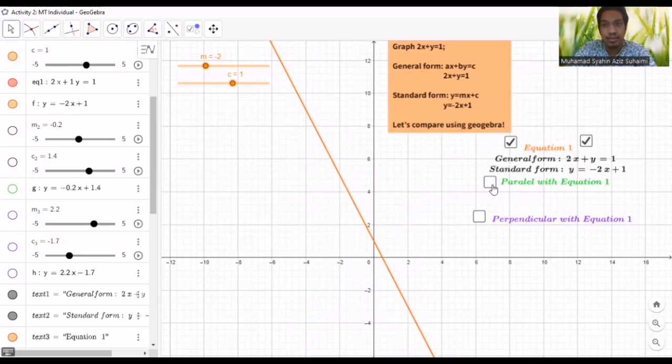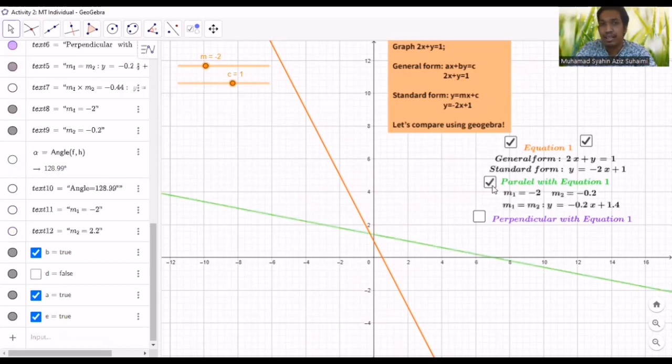And then we have the parallel with the equation 1. How is it parallel? Parallel means that you have the same direction, like this. So this is parallel. For this equation, the green line and the orange are parallel. No, right? Now to get the parallel line, you must have m1 equal to m2.